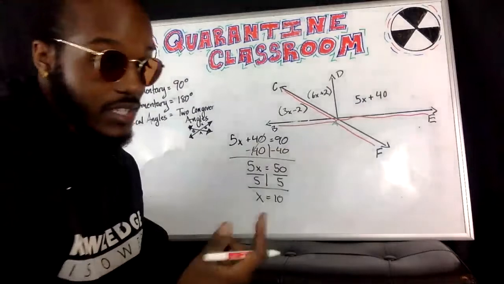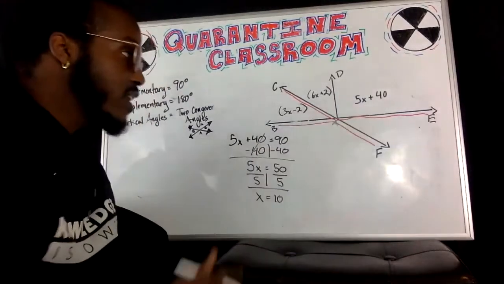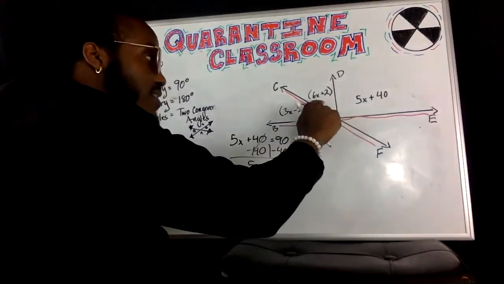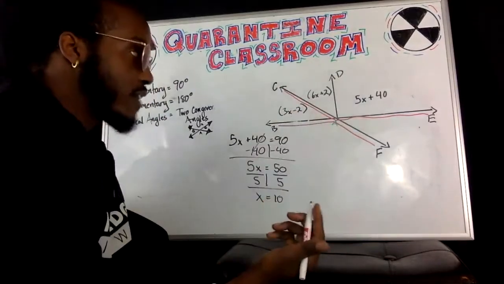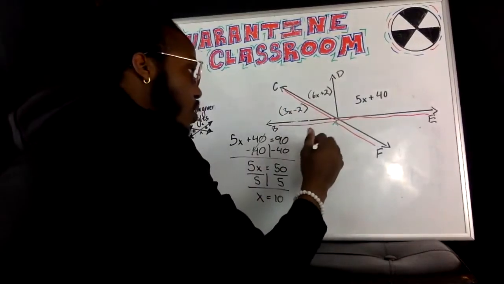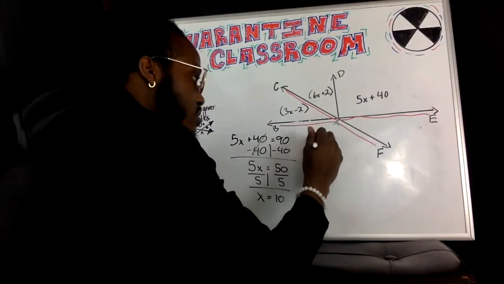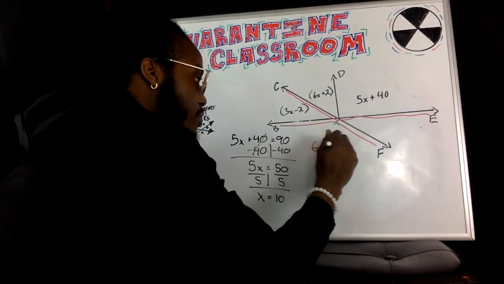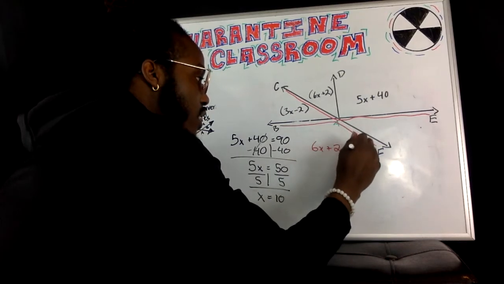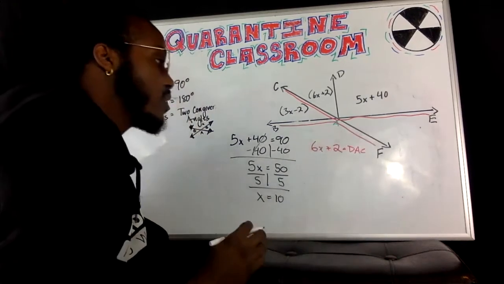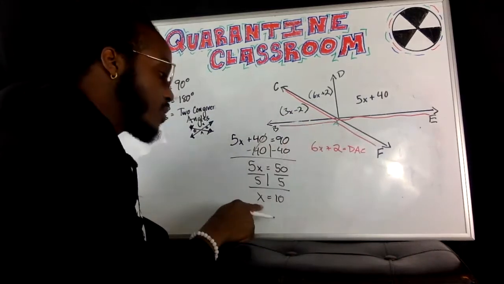It's 90, and because I know that, I can find the value for x. I'm then going to substitute the value for x into the angle for DAC to find the value for that angle too. So what I'm saying is 6x plus 2 equals DAC. And then I substitute my value for x.